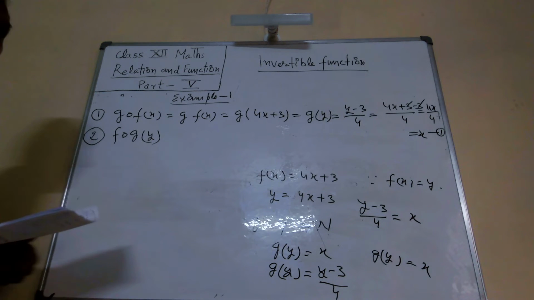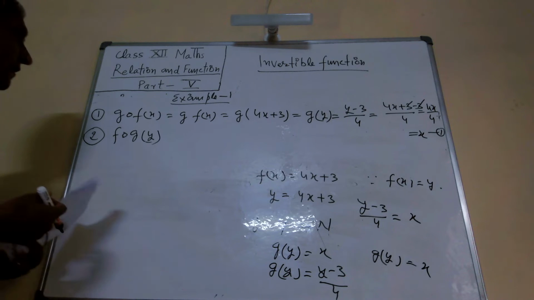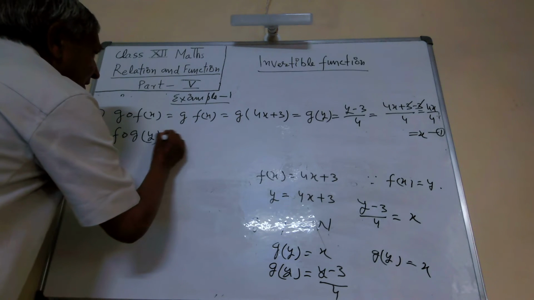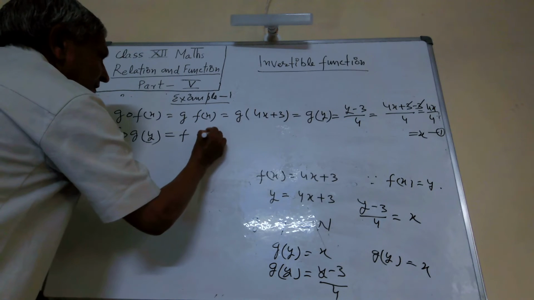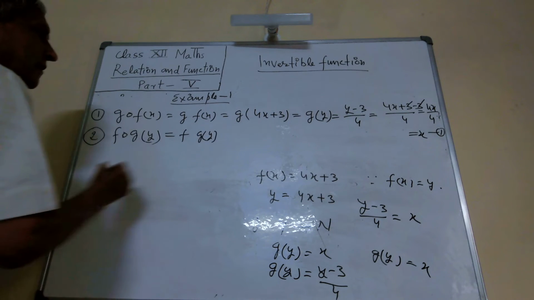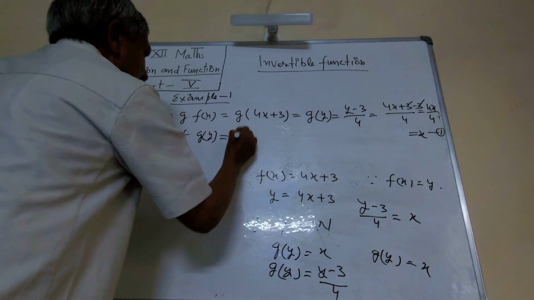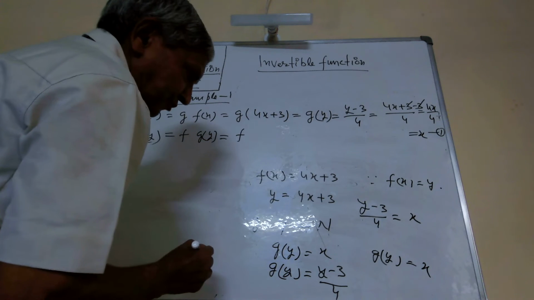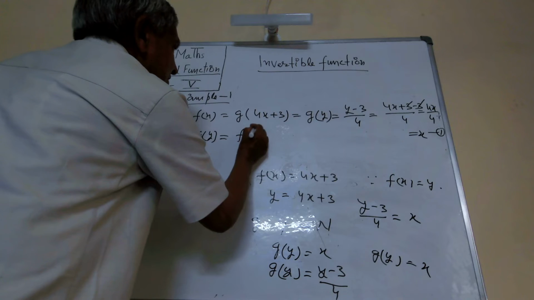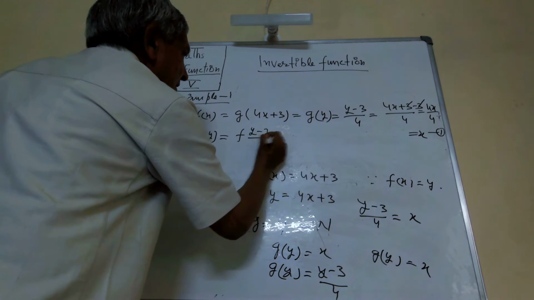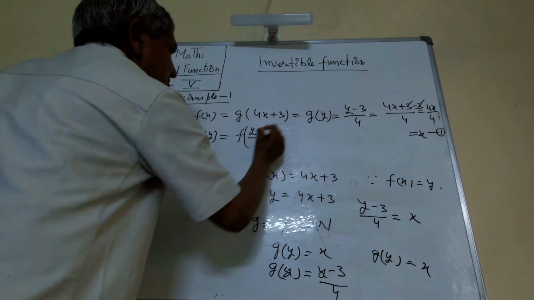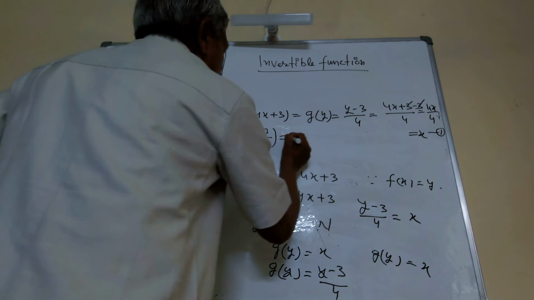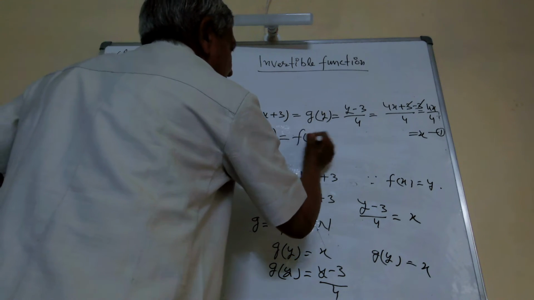So f(g(y)). What is the value of g(y)? y minus 3 upon 4. This is the value of g(y), so this is equal to f(x).